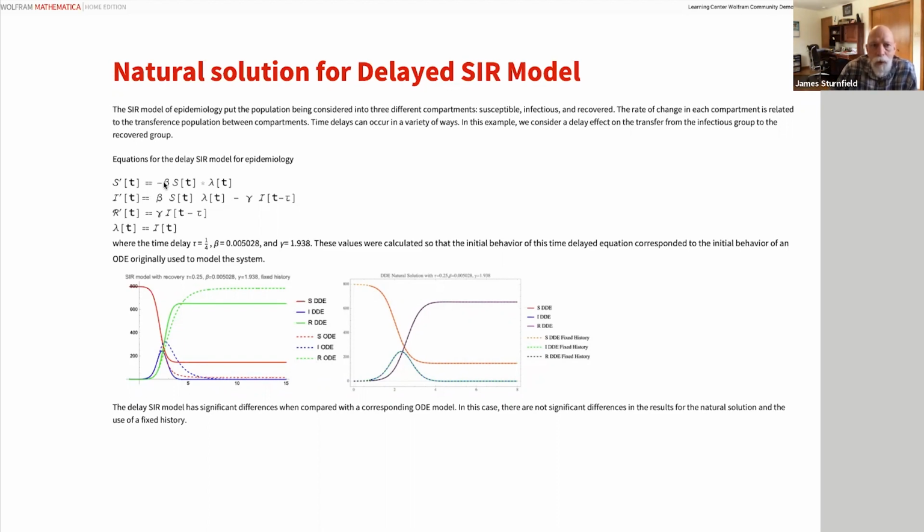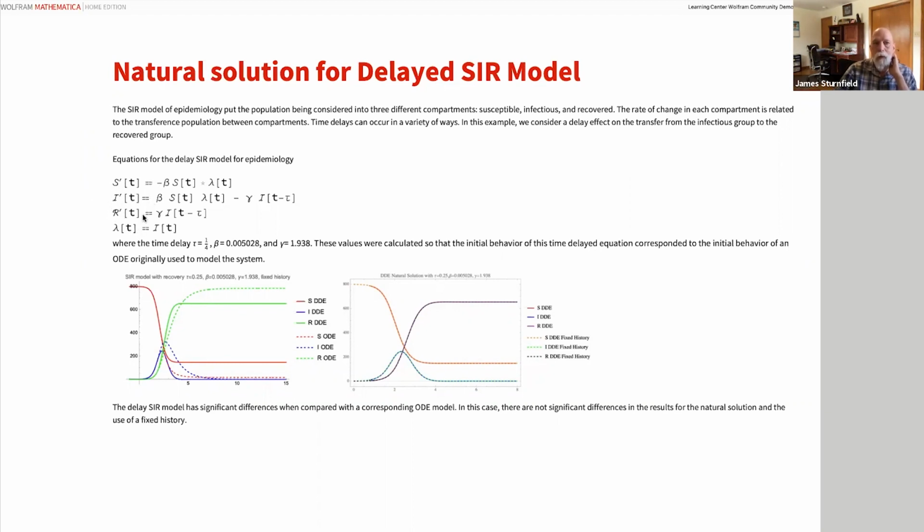What this model does is basically create compartments for different parts of the population. So if we're looking at disease and how it spreads, we want to know how many people are currently susceptible to the disease, and that's the S. I is the infectious part of the population, those who are infected.